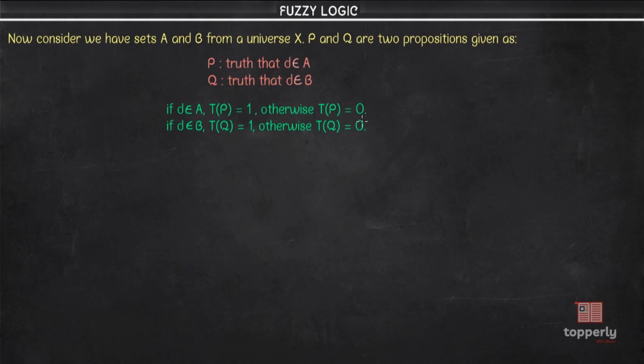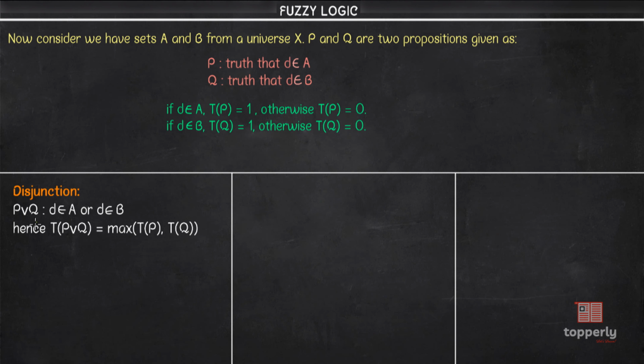So when we look at the connectives, first we have disjunction. That is P disjunction Q, where the element D belongs to set A or the element D belongs to set B. Hence we can say that the truth of P disjunction Q is given as the maximum of T of P and T of Q. In the case of conjunction, we have P conjunction Q where D belongs to set A and D belongs to set B. Hence the truth of P conjunction Q is given as the minimum of T of P and T of Q. Then we have negation.